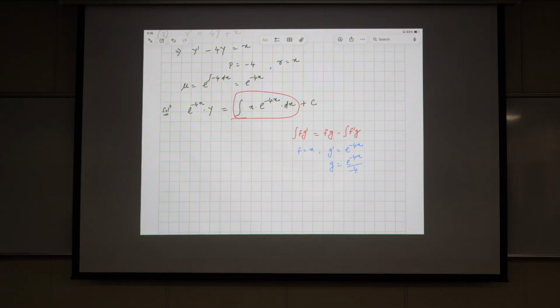Right? So I am putting this one aside. I am just using this value.